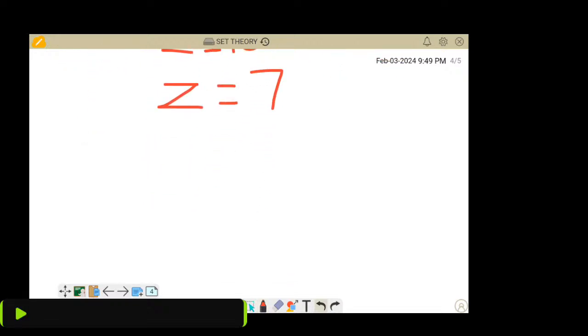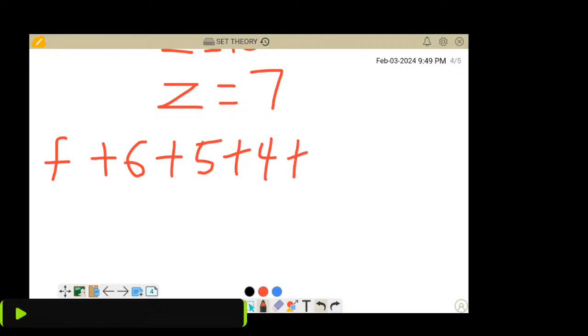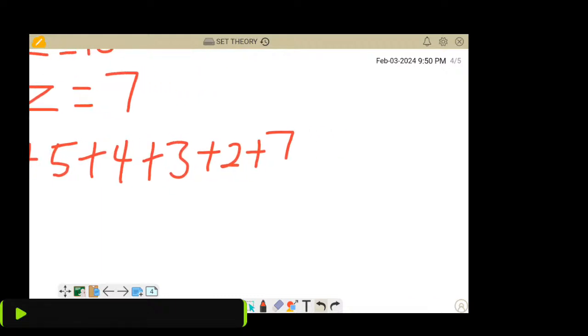F is the number that failed, so we can say F plus everything within the Venn diagram, which are 6, 5, according to our Venn diagram, plus 4, plus 3, plus 2, plus 2, plus 7, and equate everything to 40, which is our universal set.